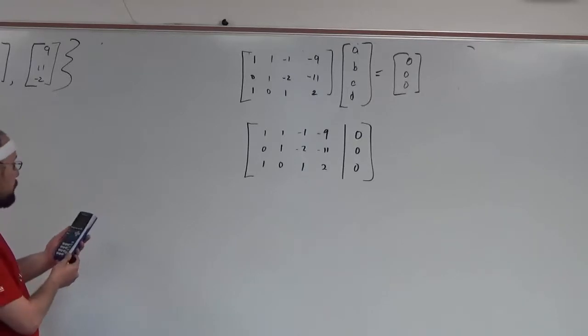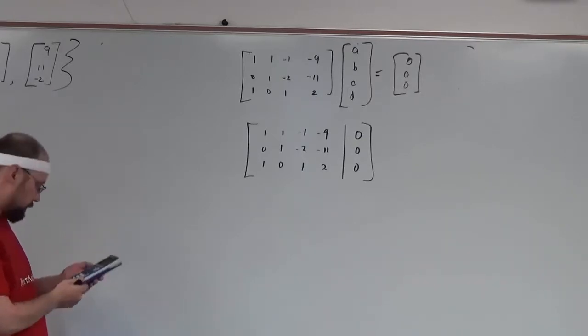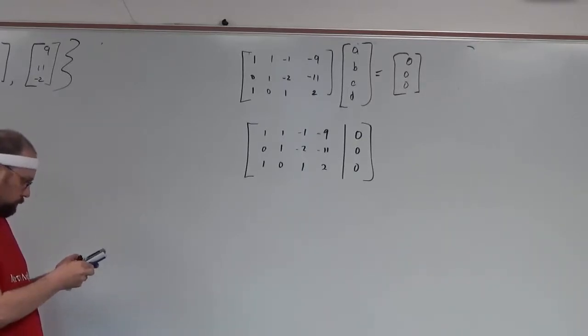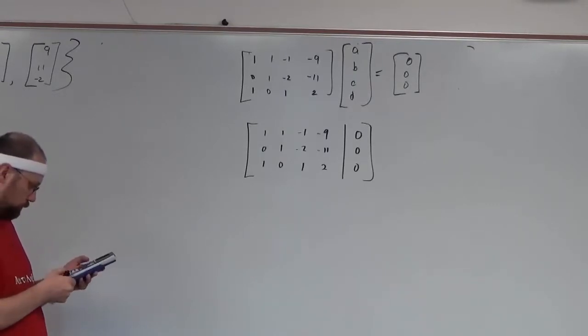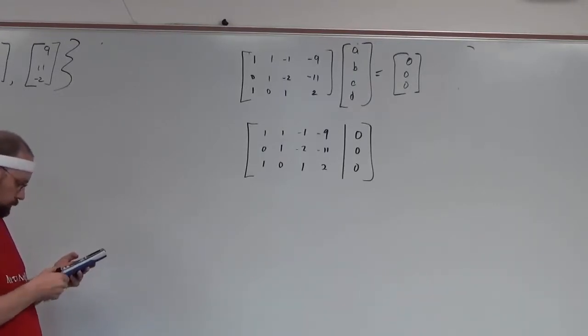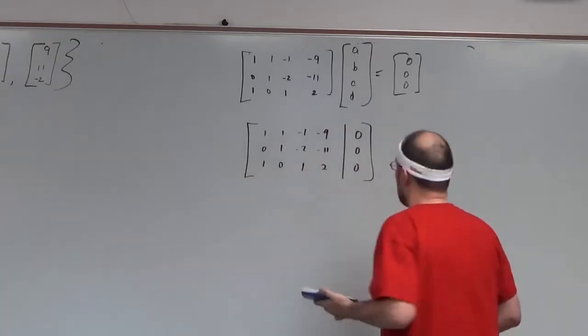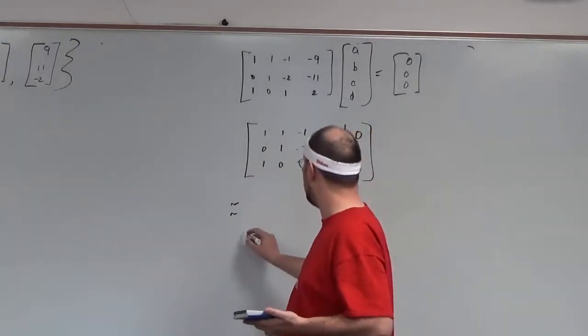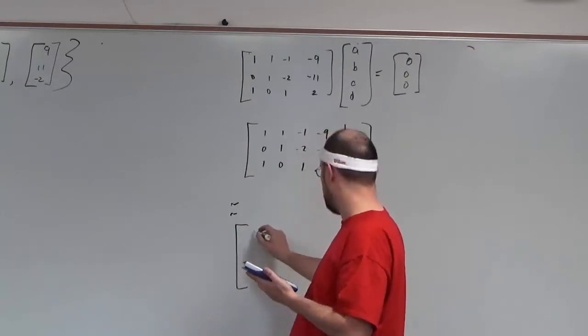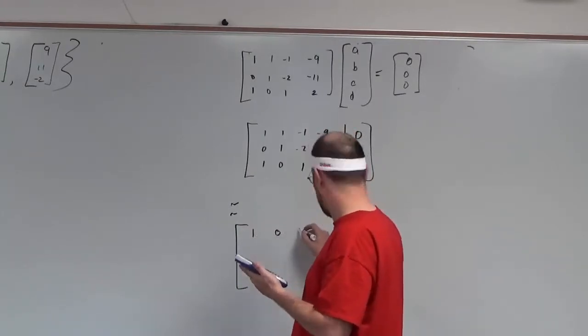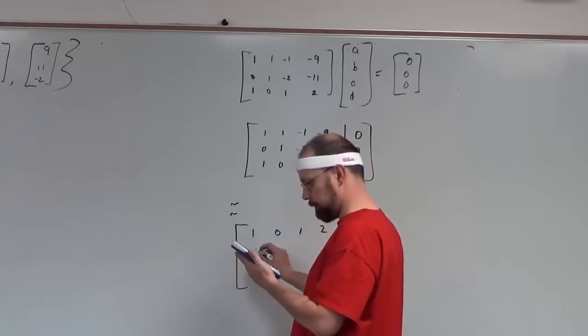So after I reduce, we get the following reduced row echelon form of the matrix.